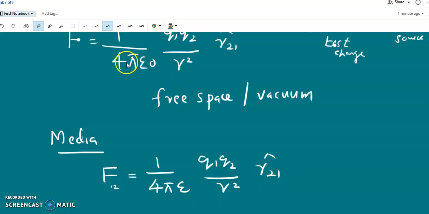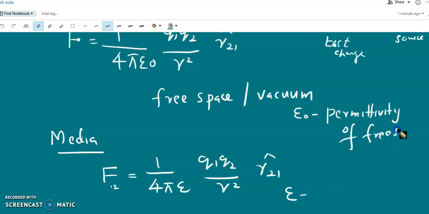So here in the free space we have seen that epsilon 0 is the permittivity of the free space. So in a medium we have to use epsilon, which is the permittivity of the particular medium concerned.